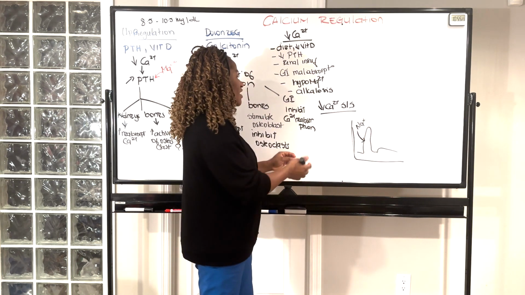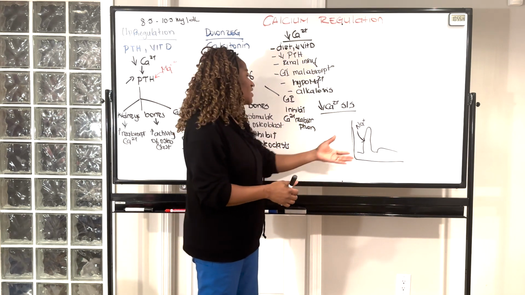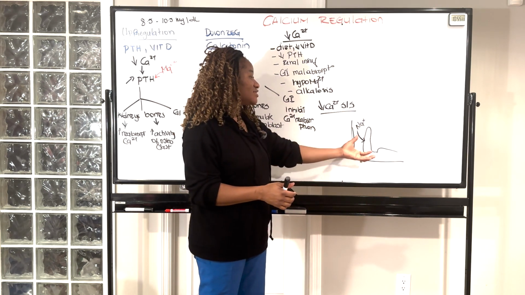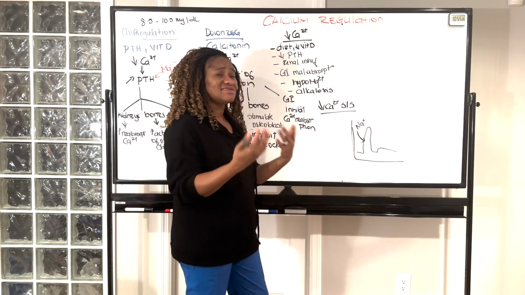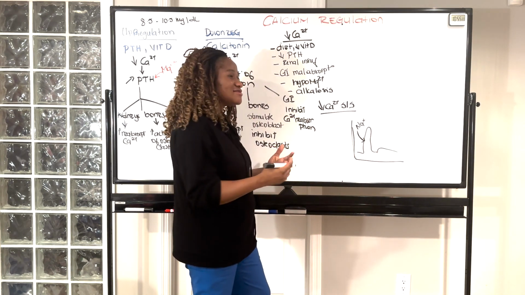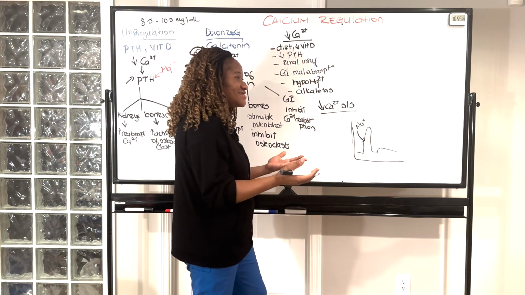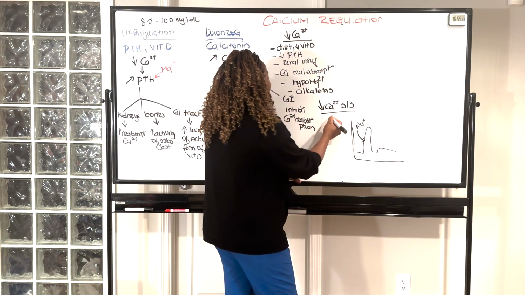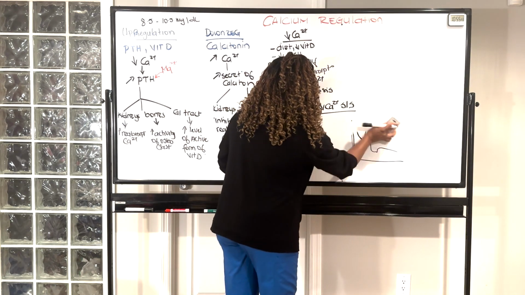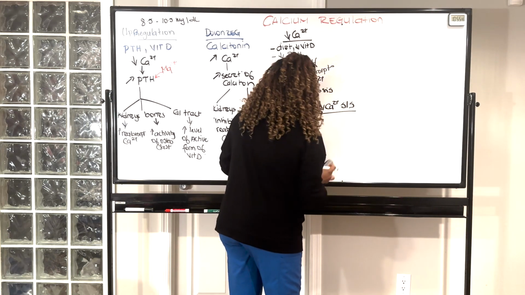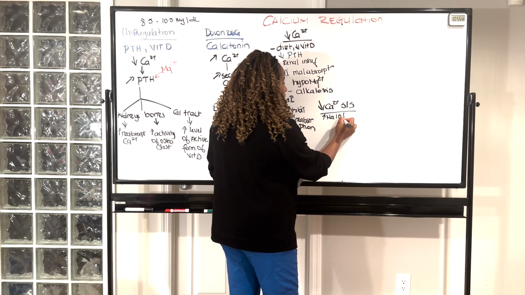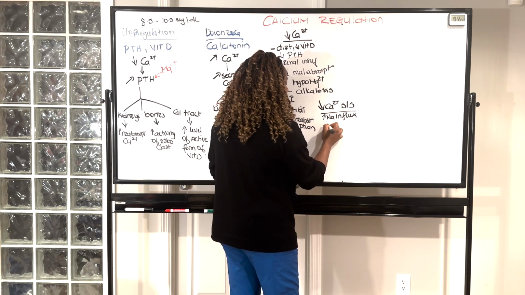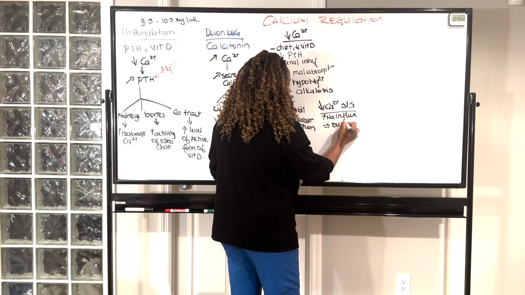So if you have a low calcium, you have a high level of this sodium entering into the membrane, favoring the excitation. So everything is going to be excited in the body. So in the presence of low calcium, we're going to have high sodium influx into the membrane, leading to excitation.